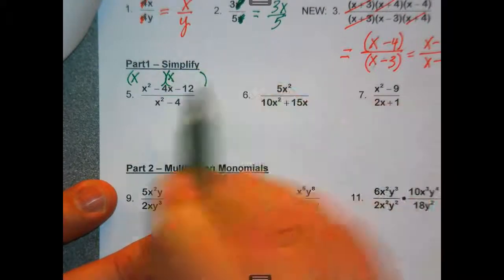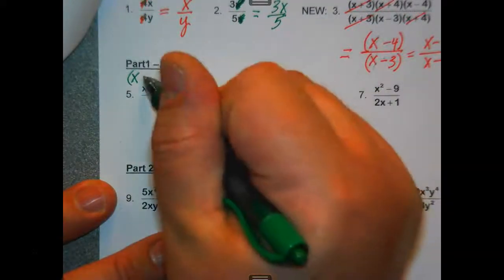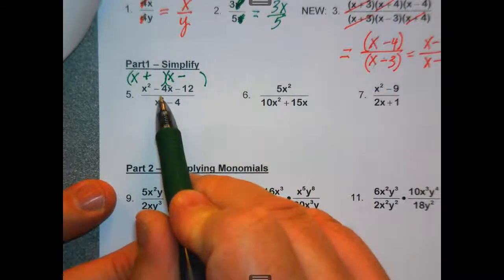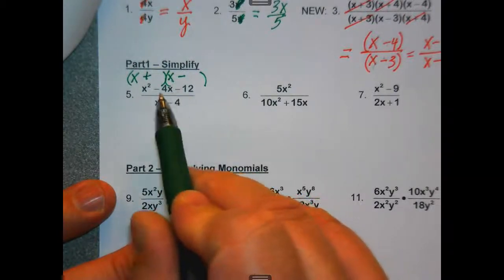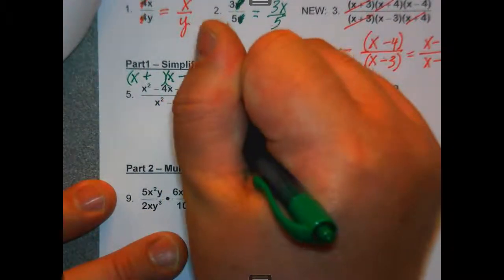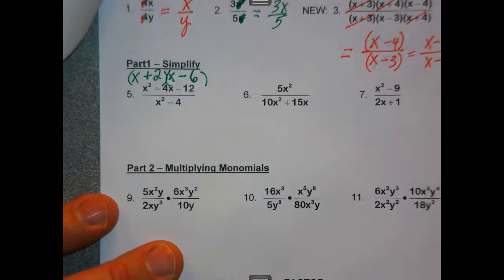X times x. They have to multiply to a negative, so it's got to be positive negative, and add up to negative 4. So the factors of 12 that subtract to 4 are 6 and 2. We want the 6 to be negative and the 2 to be positive. So there's my factored form for the numerator.